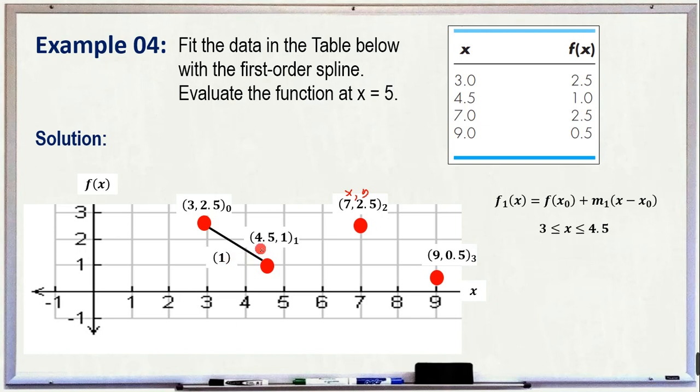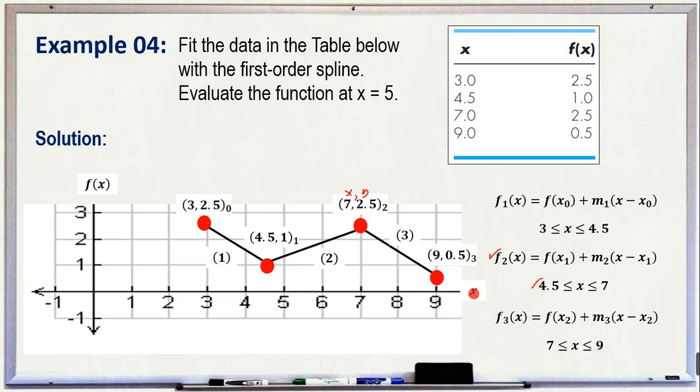Next, we are going to connect these data points by a line. So for the first line, it has a linear function of the form f1 of x equals f of x naught plus m1 times x minus x naught on the interval 3 until 4.5 inclusive. Then for the second line, this is the format of its linear function, and this is its domain.